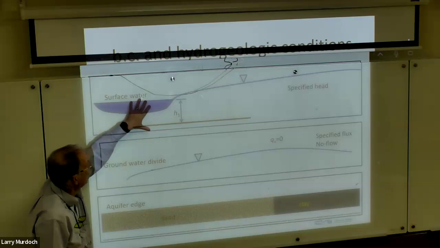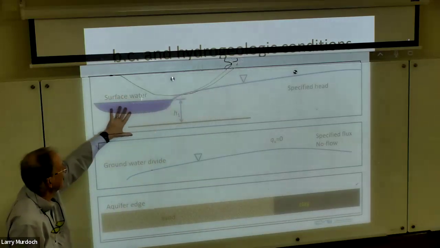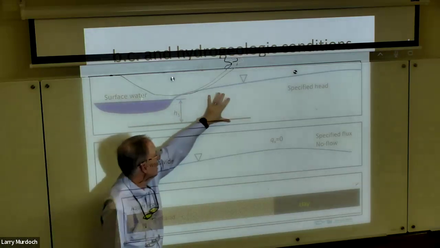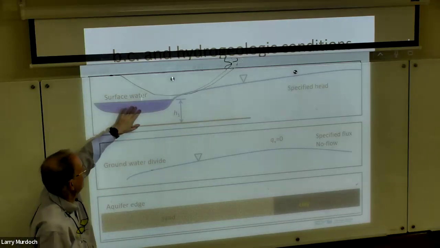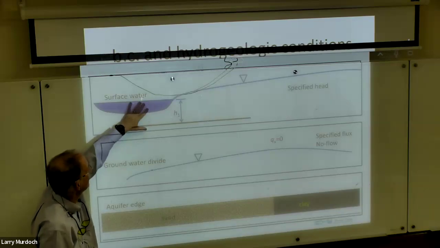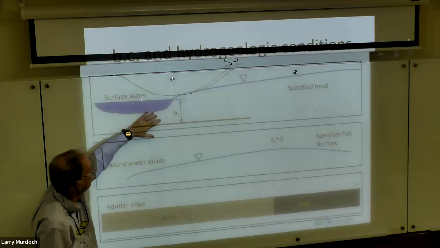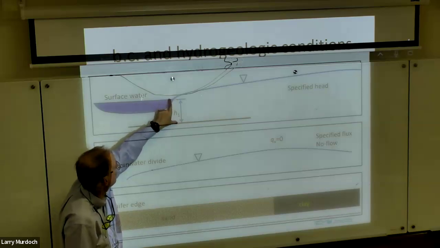So if we have a conceptual model that looks like this, here's surface water, and here's the aquifer that we're going to be interested in analyzing. What we're going to assume is that the surface water is controlling the hydraulic head in the aquifer here, and the hydraulic head in the surface water is H1.